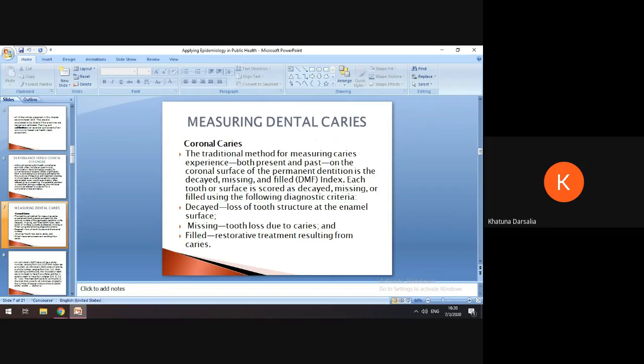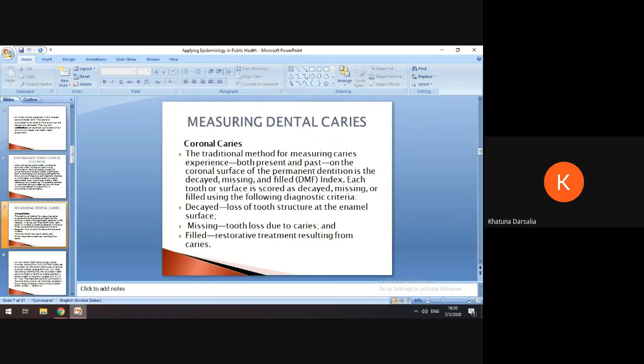Also, the decayed, missing, and filled index was designed to assess the coronal aspect of the permanent dentition. It has been modified for use in the primary dentition.